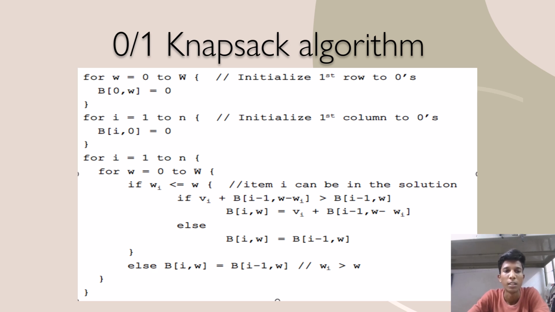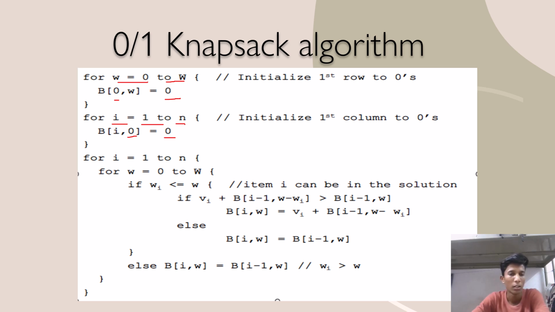Here, the weight of the bag varies from 0 to W, but if there is no item, initialize the first row to 0. Similarly, the items vary from 1 to n, but if there is no space in the bag, at that time also you initialize 0.